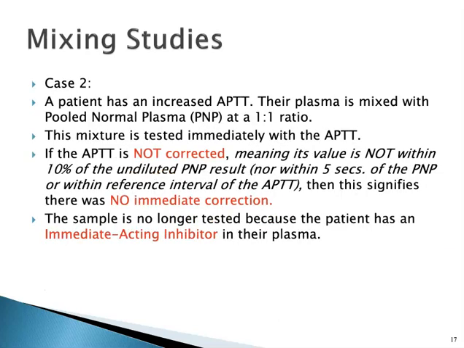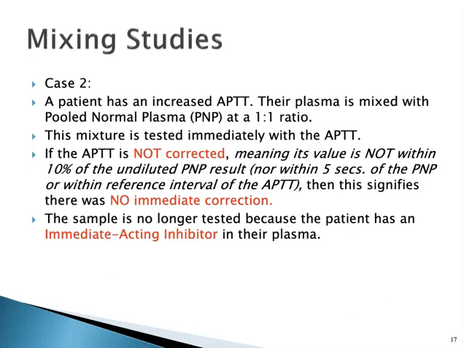The other scenario is case number 2. Then you have a patient here with an increased APTT. Their plasma is mixed with pooled normal plasma at a 1-to-1 ratio. This mix is then tested immediately with the APTT. If the APTT is not corrected, which means that the value is not within 10% of the undiluted PNP result, then this means that there was no immediate correction.